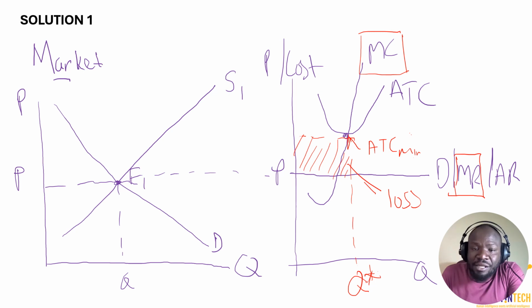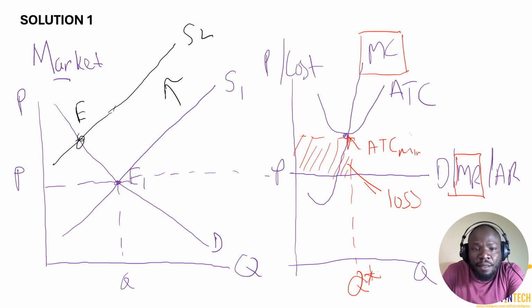So they leave this market and it reduces the supply. The supply curve is going to shift to the left like this. And this supply curve shifts until it reaches a price at equilibrium 2. It reaches this price. I'm going to call it P2.